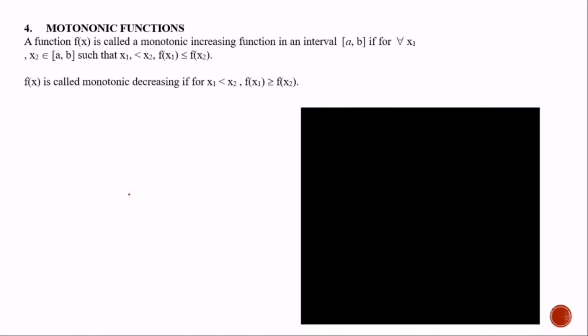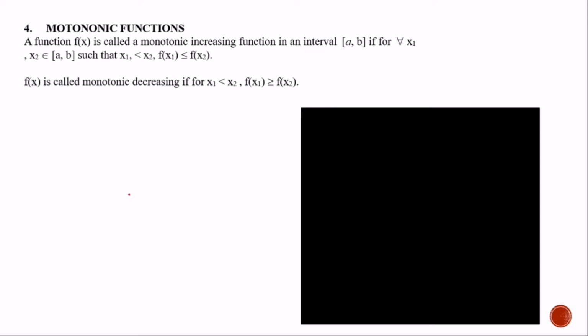Now let's go to the monotonic function. A function f of x is a monotonic increasing function in the interval which is closed like this. With a monotonic function, we have monotonic increasing and monotonic decreasing functions. What does this mean? Monotonic increasing means it's increasing. When you give a function, you put the intervals inside.